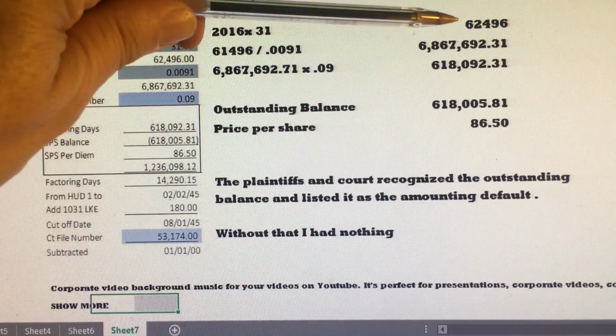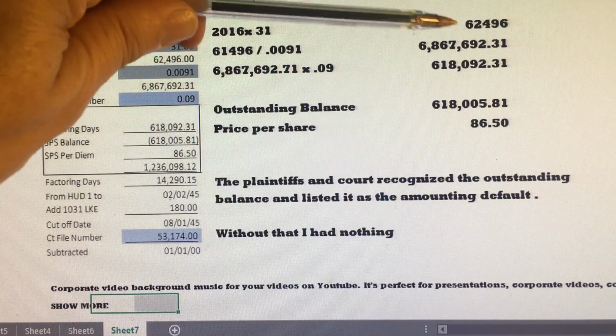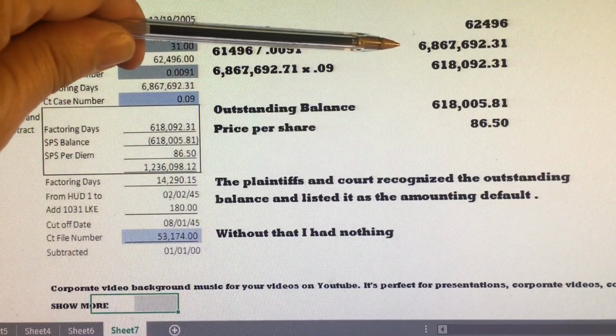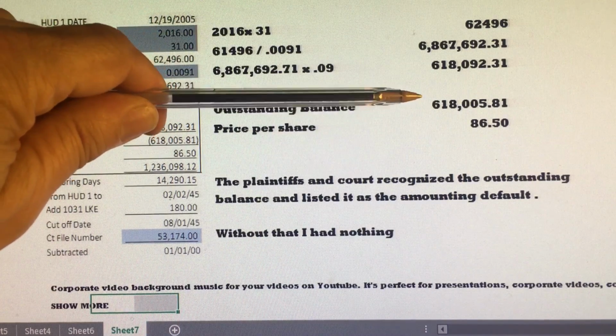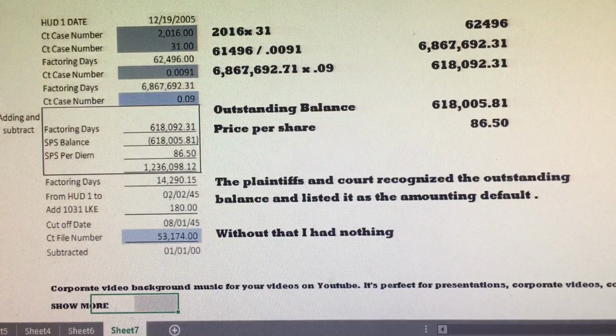It appears to me to be a weighted average installment or deposit, capitalization amount, and what we learned was this is your running revolving balance, reoccurring revolving balance. I'll tell you what that means in a minute. So here you see factoring the number of days, SPS balance, SPS per diem.